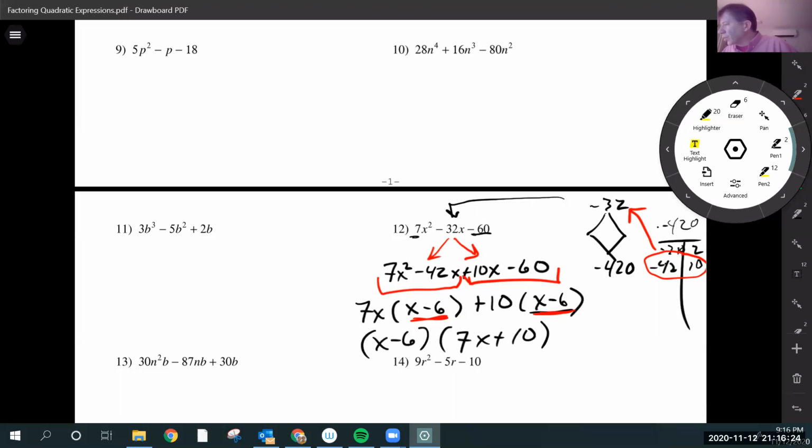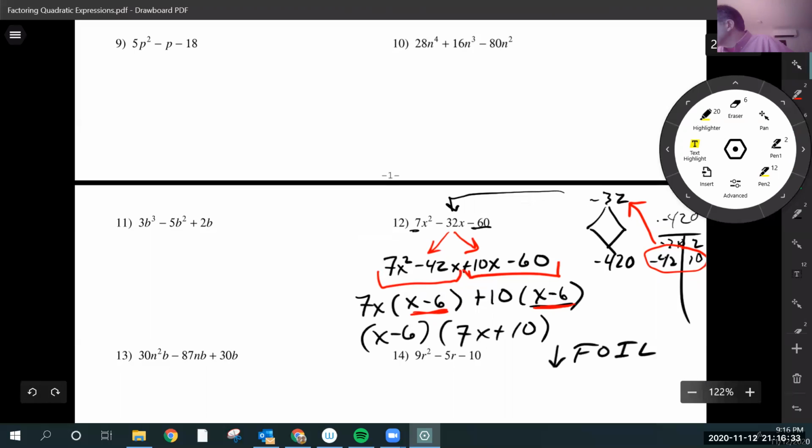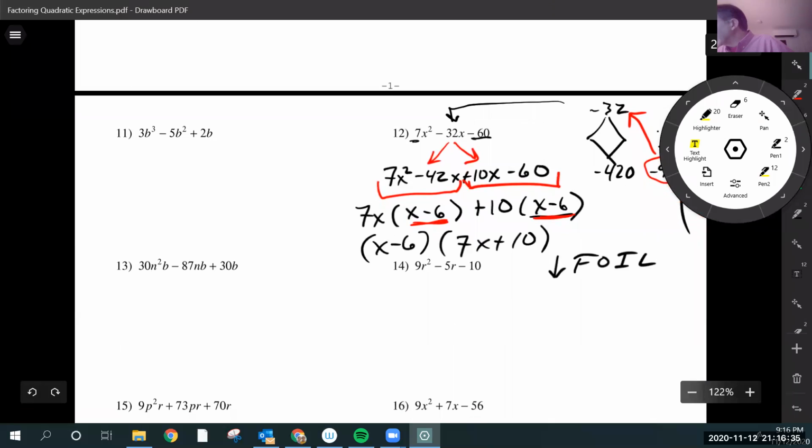And I can check by doing FOIL. And again, first terms, that's x times 7x is 7x squared. Outside terms, x times 10 is a plus 10x. Inside terms, a minus 6 and a minus 7x.